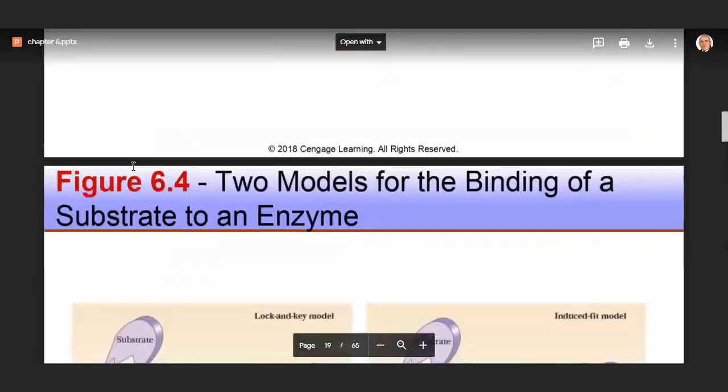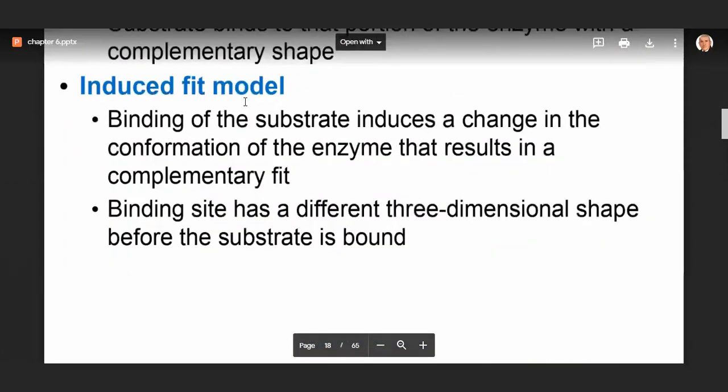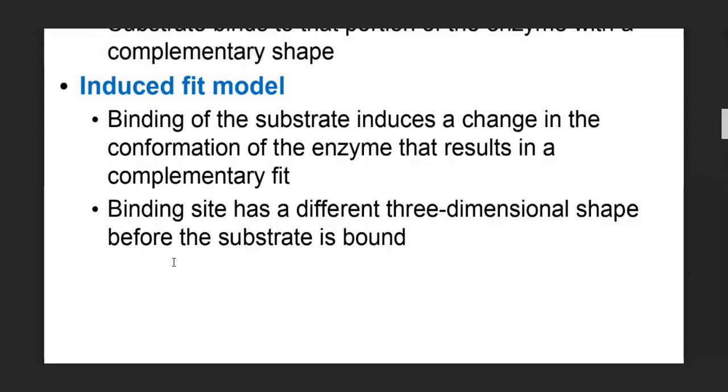Now the second model is called the induced fit model. Binding of the substrate induces a change in the conformation of the enzyme that results in a complementary fit. The binding site has a different 3-dimensional shape before the substrate is bound.